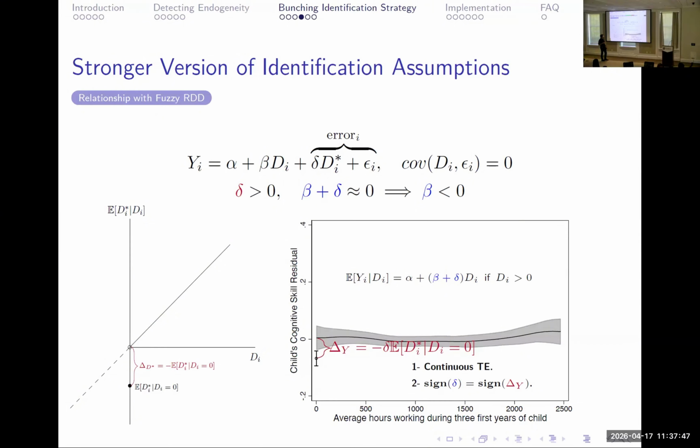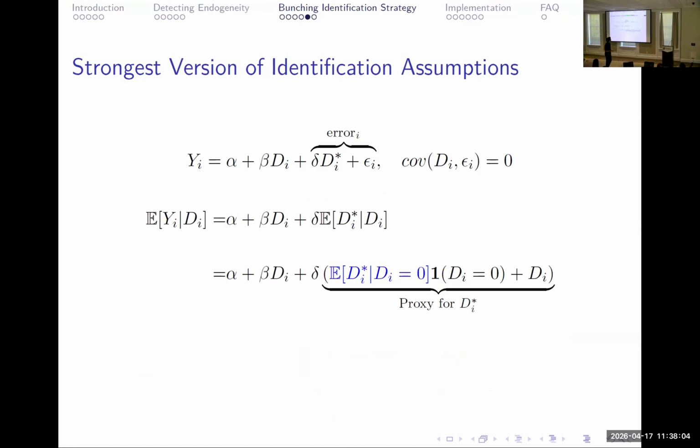This positive discontinuity does imply that this delta will be positive, which, because beta plus delta is sort of 0 around here, would tell us that beta must be negative. That's exactly what we discussed before. I'm just using a more specific kind of notation, okay?